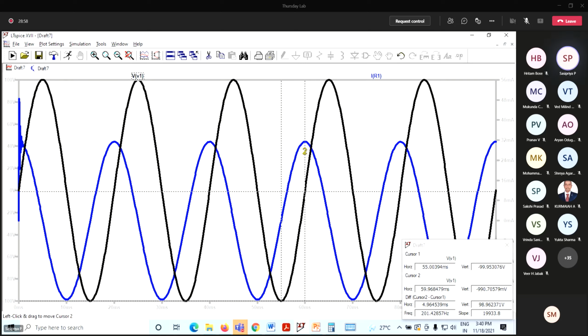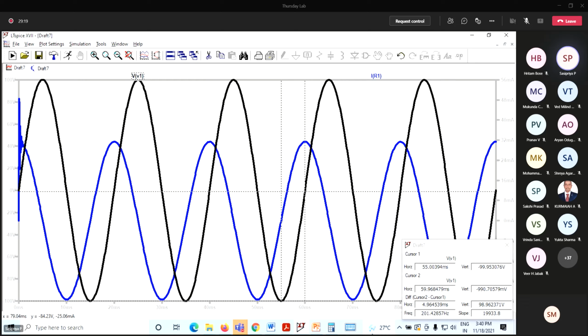Now between cursor 1 and cursor 2, it is 4.96 milliseconds. From this you can find out the phase difference. Now, can anyone tell me leading or lagging? This refers to whether the current leads the voltage or lags the voltage.